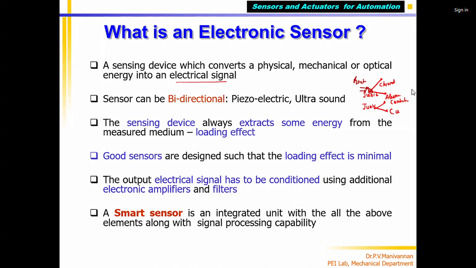When temperature is provided to the junction, this produces an EMF, electromotive force. Mostly, it will be in the order of millivolts or microvolts per unit degree temperature. For example, input temperature varies from 0 to 1 degree. For example, chromel aluminum can maybe produce 0.1 millivolt or 0.01 millivolt. That means 10 microvolts. That is what they produce.